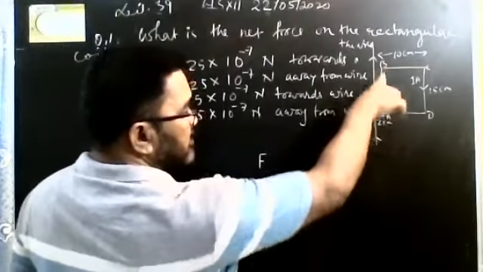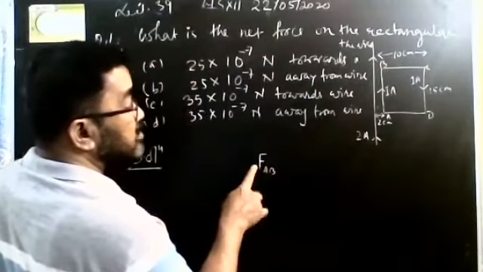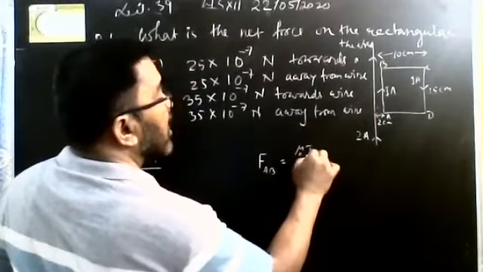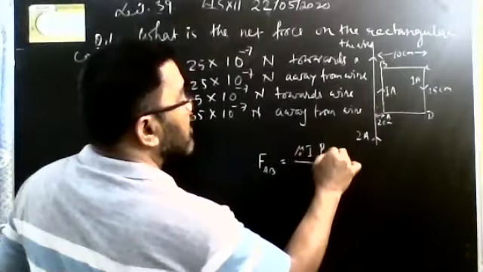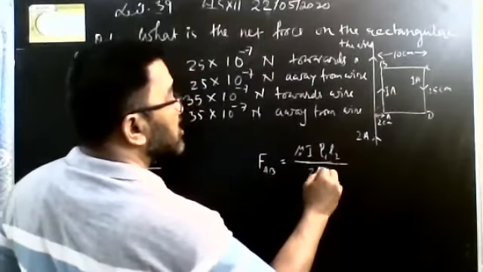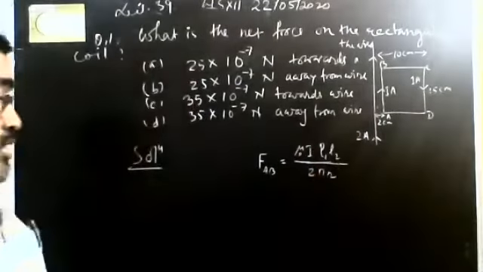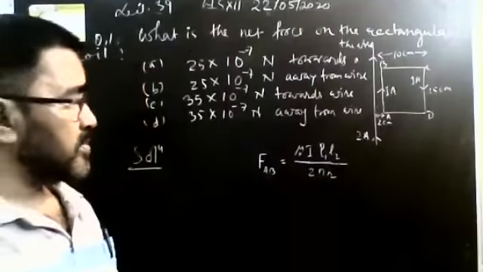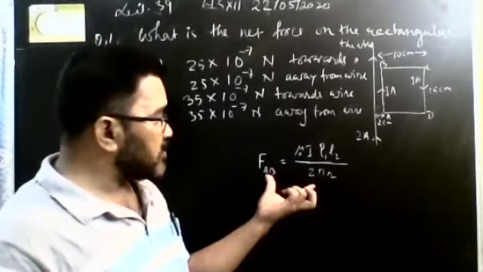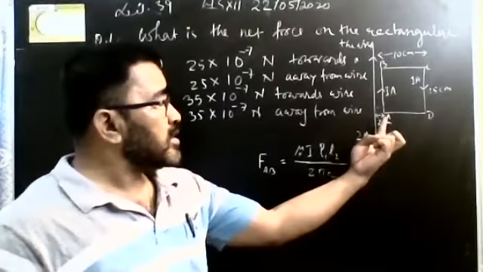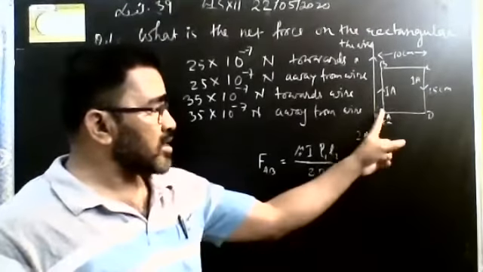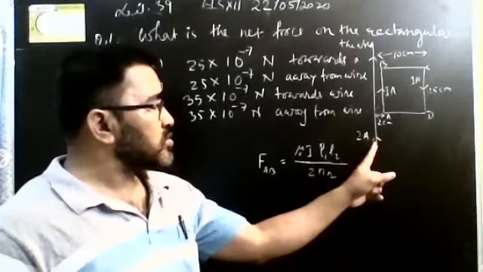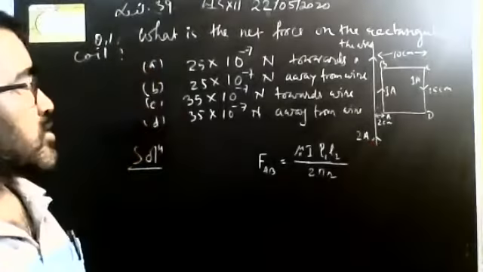The force on AB is represented as FAB, which is mu naught I1 I2 L by twice pi R. So this expression gives the force between two parallel conductors, and particularly this expression gives the force experienced by the conductor AB due to the current passing through this wire.